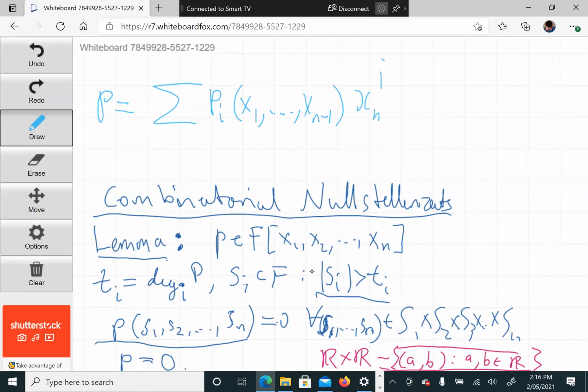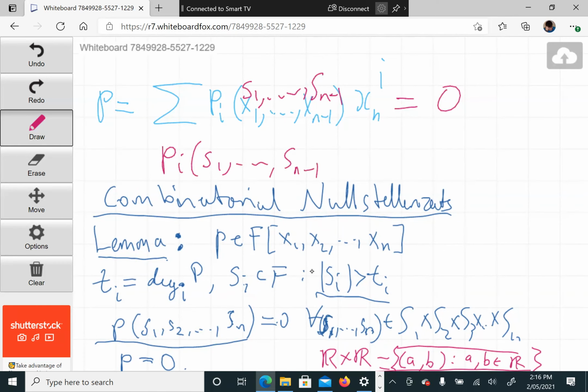And then you fix those variables, and now it's just a single variable polynomial. Each of those coefficients is 0, and then by the induction hypothesis, the multivariable polynomials are 0.